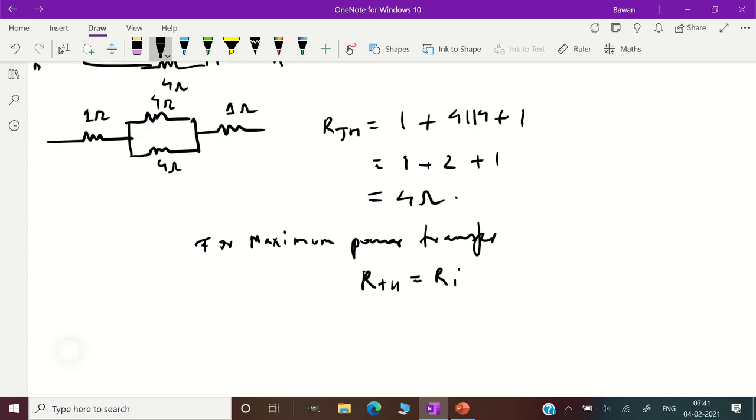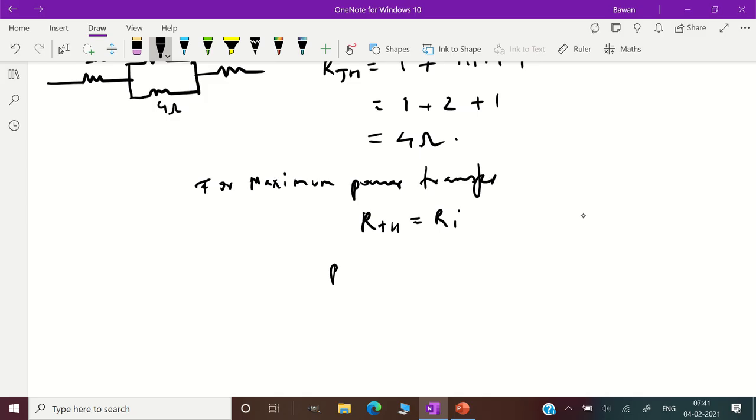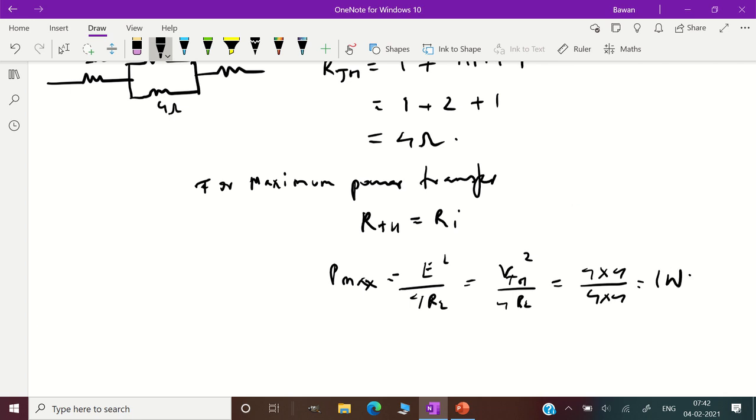So basically your maximum power, Pmax, is nothing but E square by 4RL, right? Which is VTH, the open circuit voltage, square by 4RL, which is equal to 4 into 4 divided by 4 into 4 to 1 over. So this is your maximum power transfer.